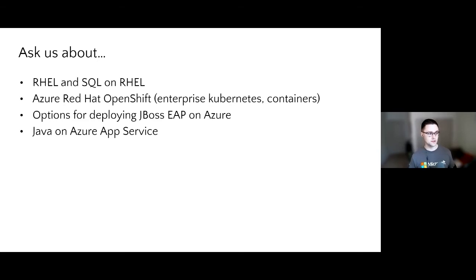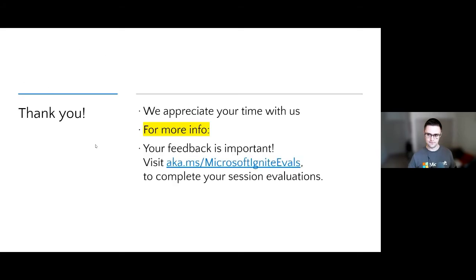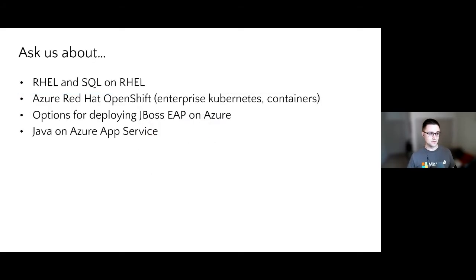If you have any questions on those topics, feel free to put those in the chat. And with that, I'll go ahead and kick it off with a question over to James.